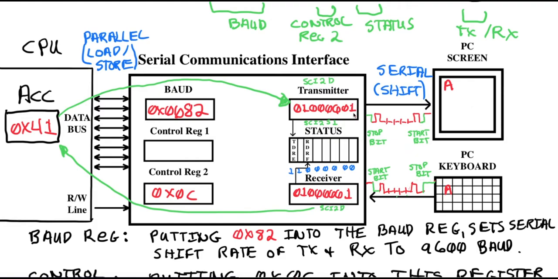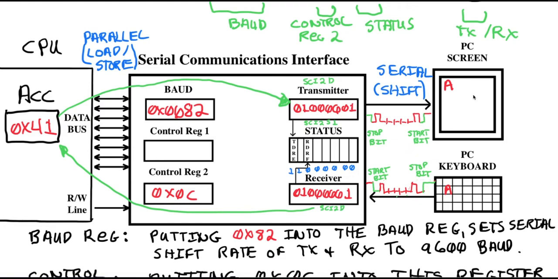But it doesn't shift out the 1 or the LSB first. What it has to do is to get the attention of the receiver, it has to go from the idle condition to the low condition and hold that for 1 bit time to wake up the receiver, in this case our PC screen.